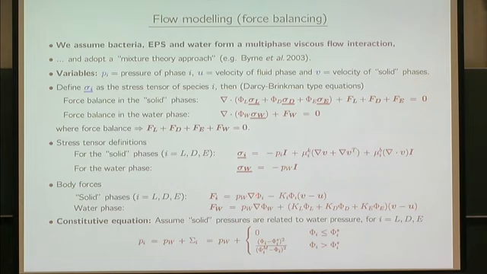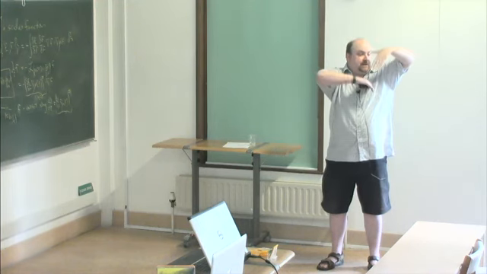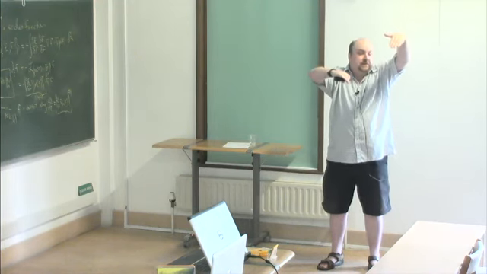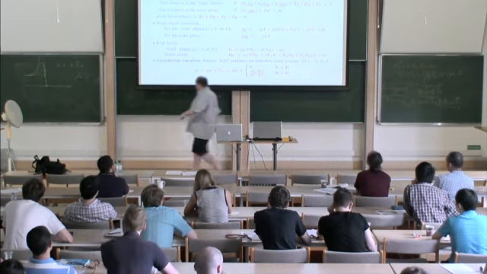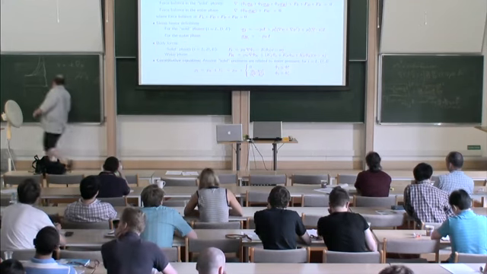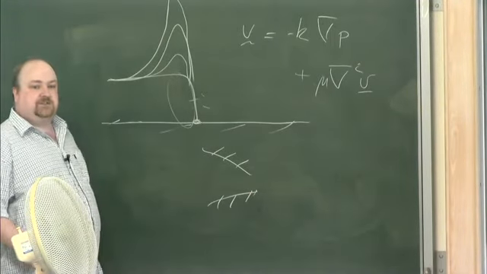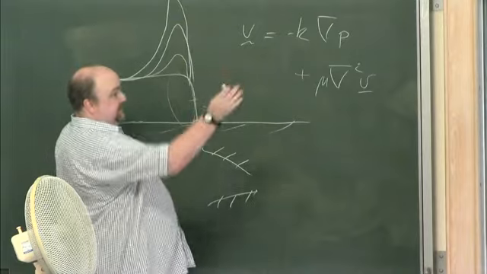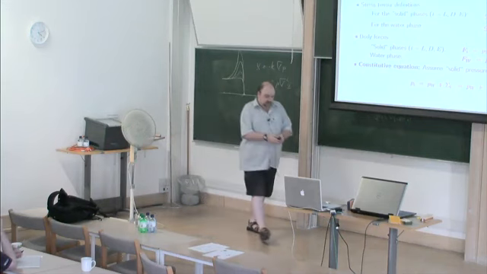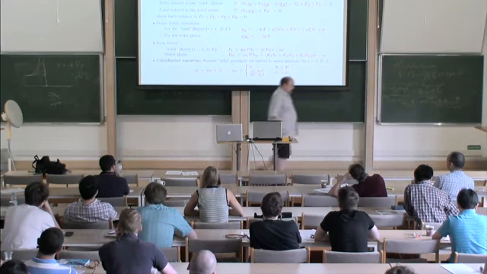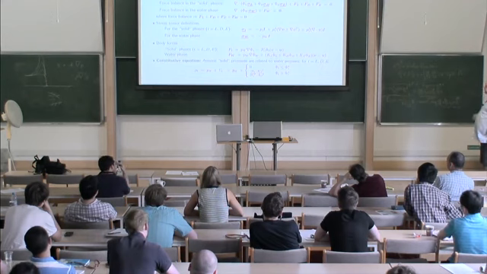If p is constant, it implies that you're going to generate a flow just because you've got differing volume fraction of water. So if that term wasn't there, and you have a channel shaped like that, if it's static, common sense will say there's no flow in it, but if you didn't have that term in, it will generate a flow, which of course is nonsense. But it's something that is missed in models of this type. So that basically explains this term.